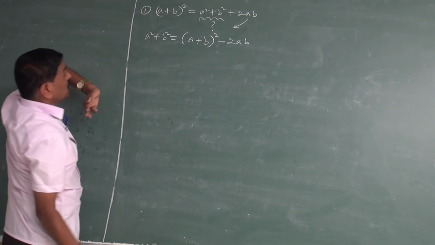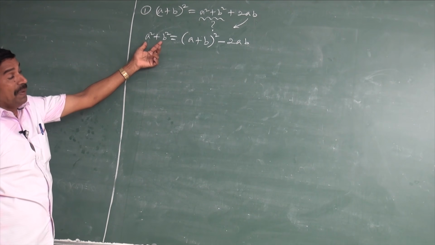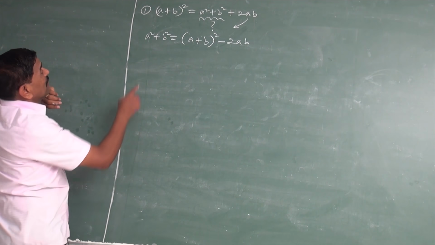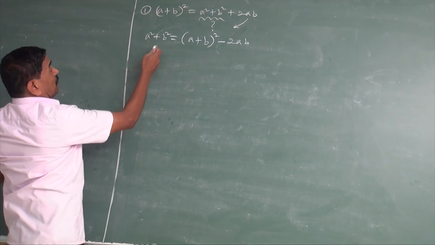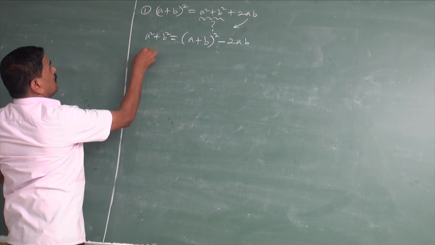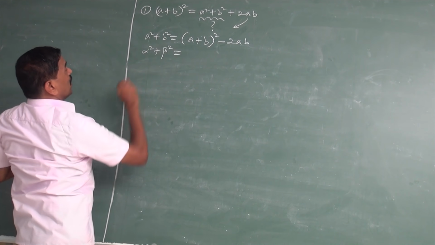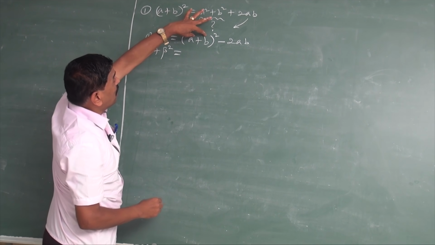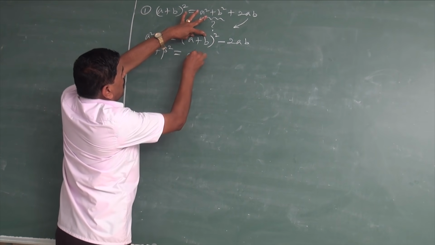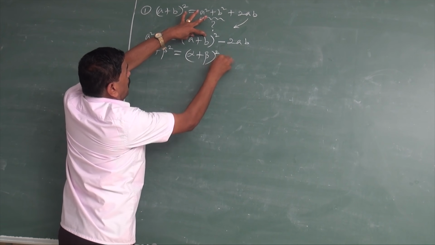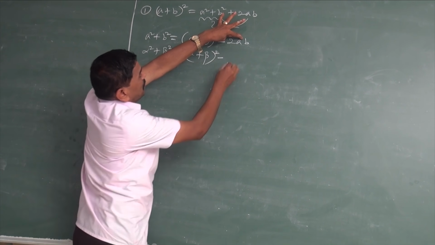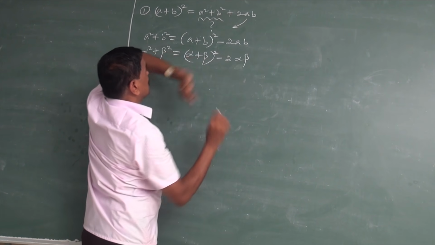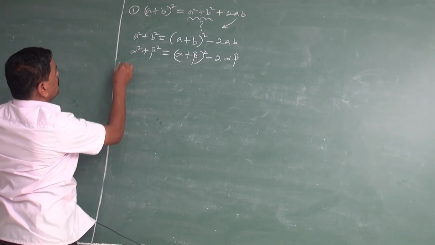Okay. Now a and b are replaced by alpha and beta. So put a equal to alpha, b equal to beta. We get alpha square plus beta square equal to alpha plus beta the whole square minus 2 alpha beta. That's all. So first one.